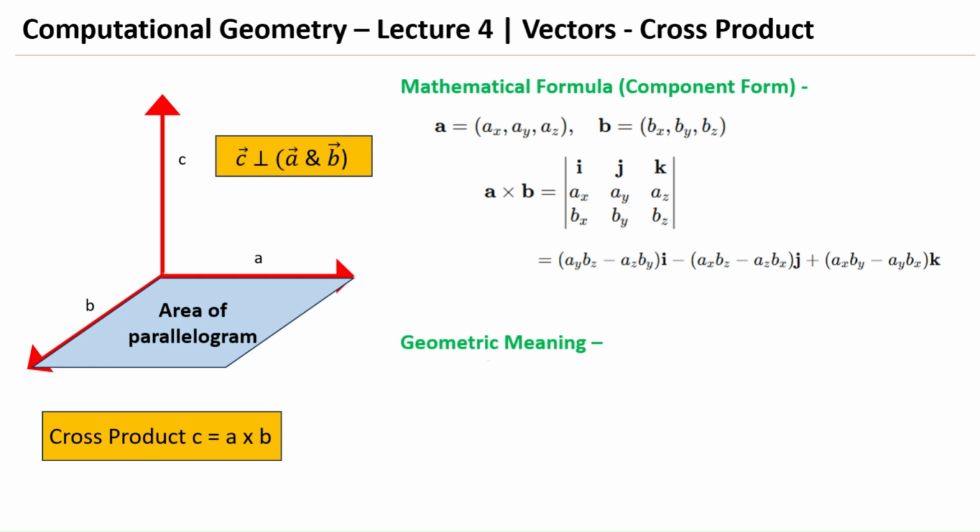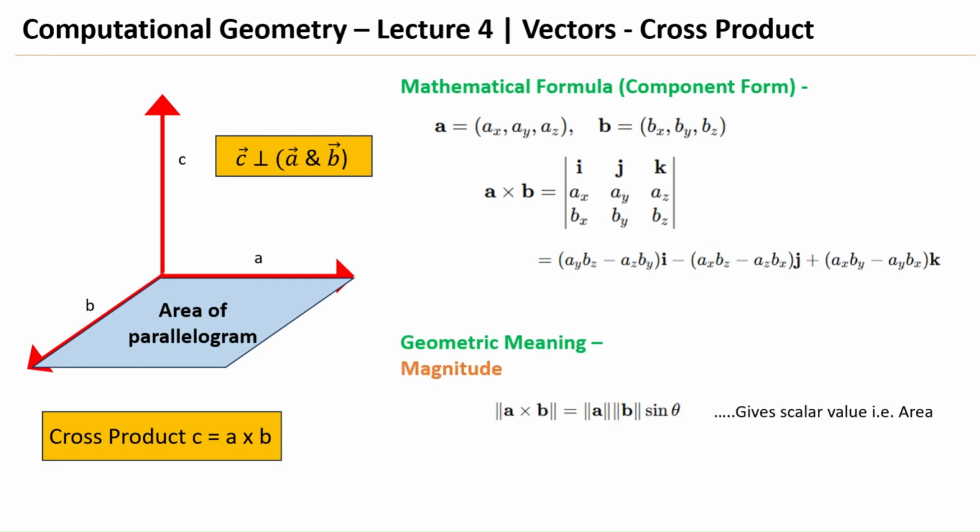Now let's move to the component form. If vector A is given as AX, AY, AZ, and vector B is BX, BY, BZ, then the cross product A cross B is computed using a determinant with unit vectors I, J, and K. Expanding this determinant gives us a new vector in 3D space.